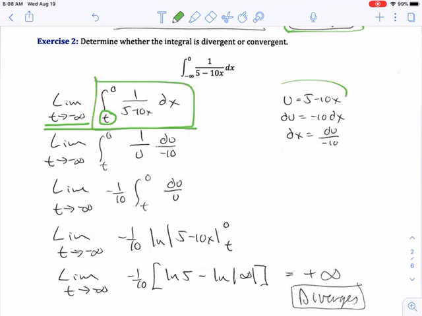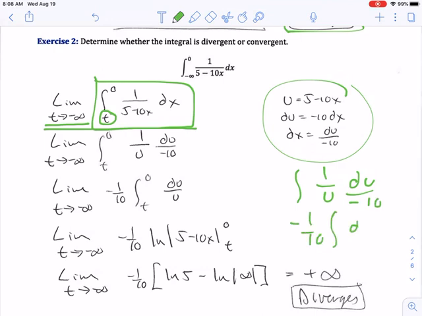Well, that's just a u substitution. Let u be equal to 5 minus 10x. du is negative 10 dx, so dx is equal to du divided by negative 10. So you end up with the integral of 1 over u times du over negative 10, which is negative 1/10 the integral of du over u, which is going to be the log rule.